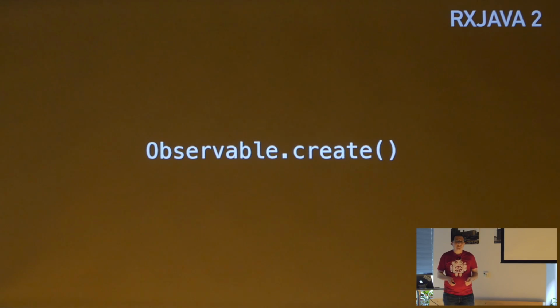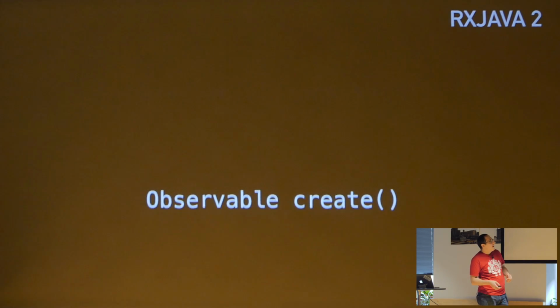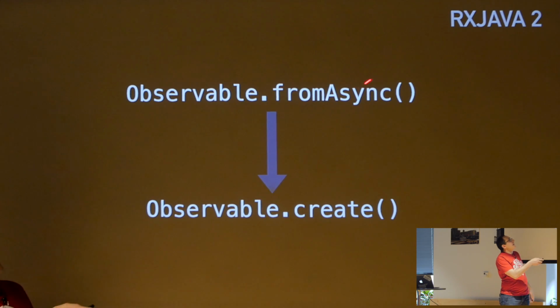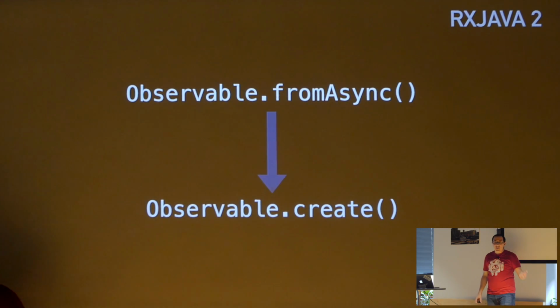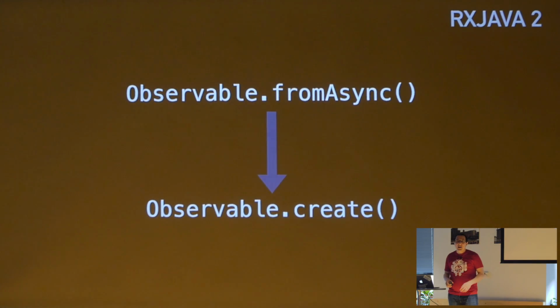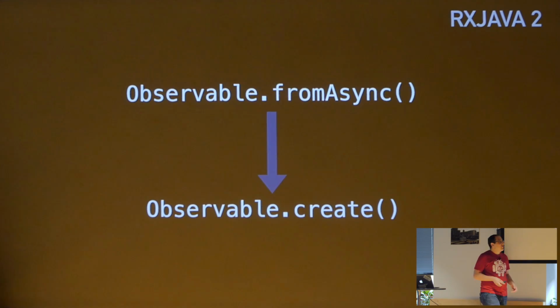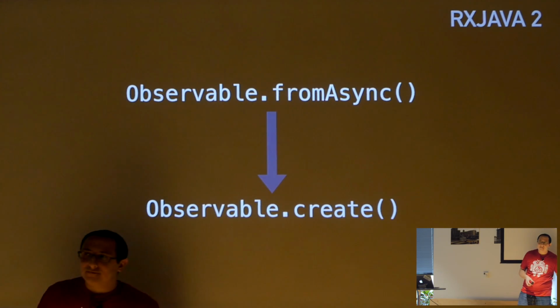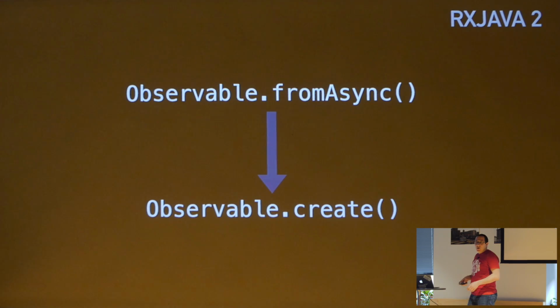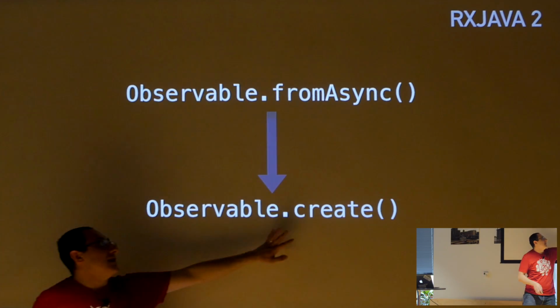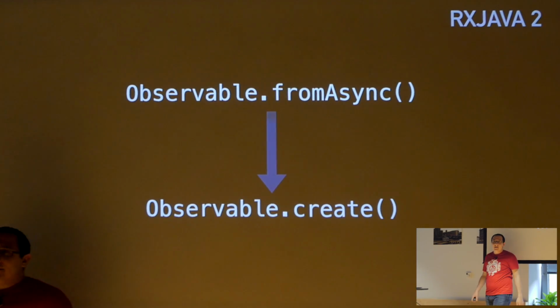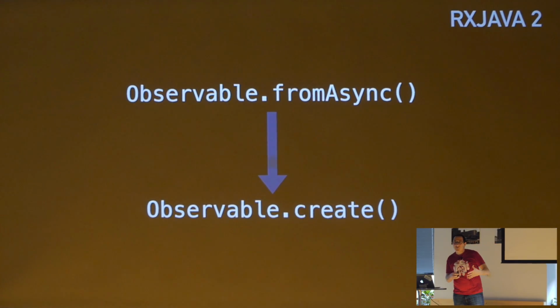Well, yes, because it's just this guy here. It has been renamed so that we can use a familiar syntax to create an observable from scratch. So we can wrap our callbacks into this guy here instead of using that guy there. Again, it's a bit confusing, right?